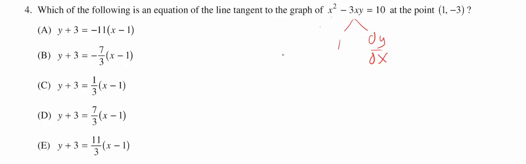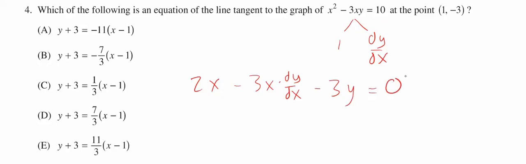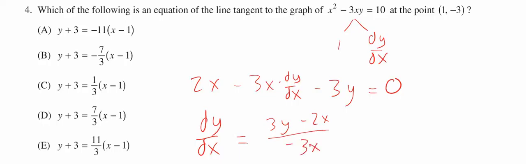So let's derive. Derivative of x squared is 2x minus 3x dy dx minus 3 times the 1 times the y equals, derivative of 10 is 0. Then I can get the dy dx by itself by adding the 3y over, subtracting the 2x, and dividing by the negative 3x. So I'm going to do that just in one step. Dy dx equals, add the 3y, subtract the 2x, divide by the negative 3x.